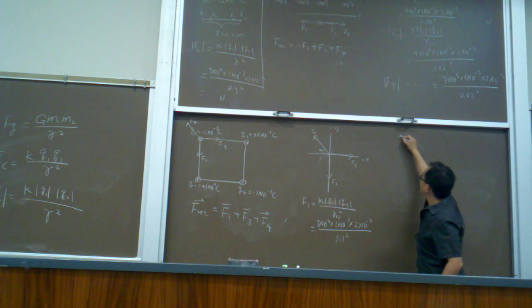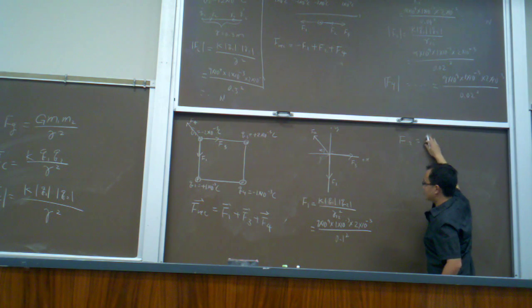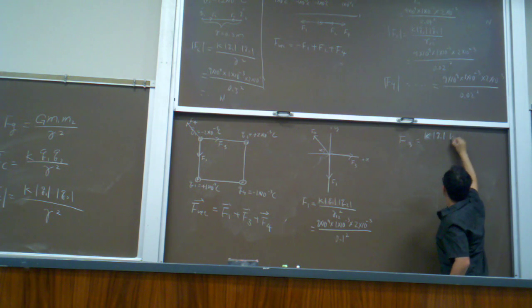And F3 is also easy. It's k times Q2 Q3 divided by r23 squared.